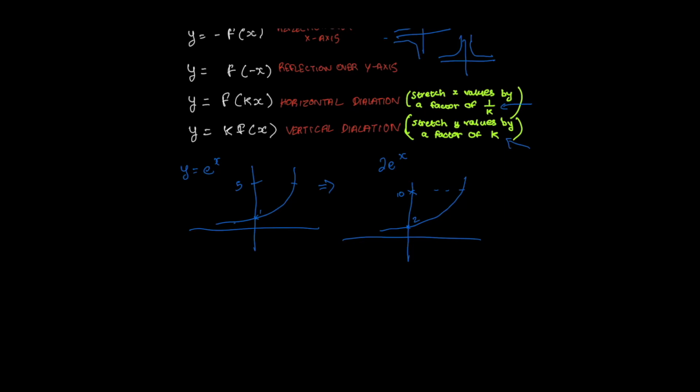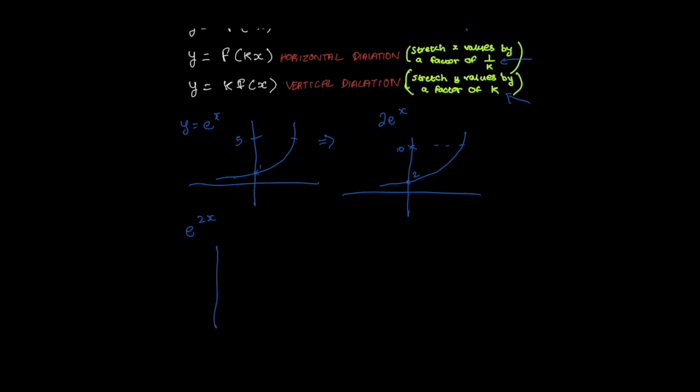But how about e power 2x? How would you sketch that? Well, each x value would then become 1 over 2 into the original x value. So basically, if we take the original function, the intercept still stays the same, because if x is equal to 0, well, 2 into 0 is still 0 and y is still equal to 1.